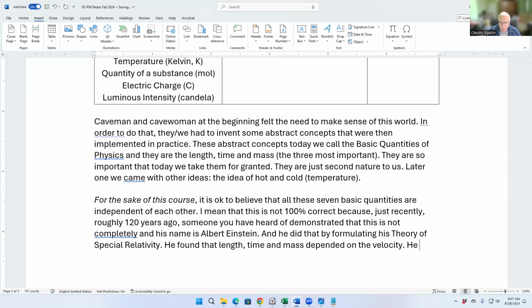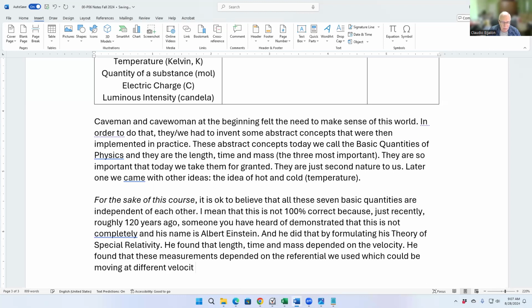He found that these measurements depended on the referential we used, which could be moving at different velocities compared to another referential.